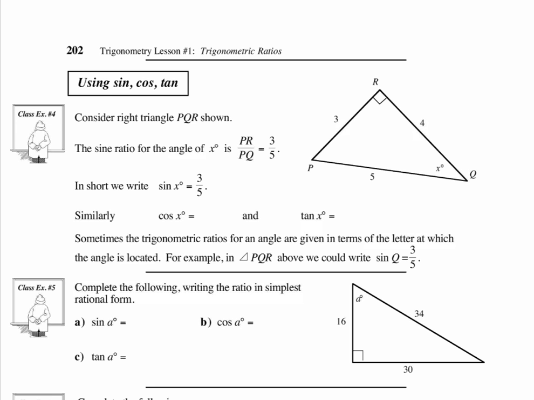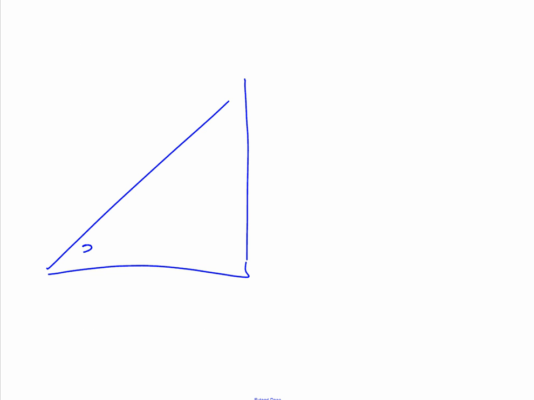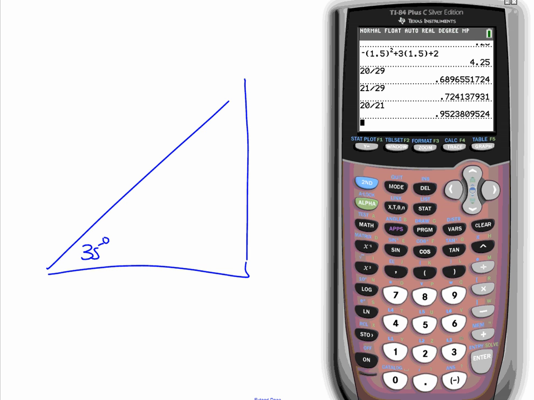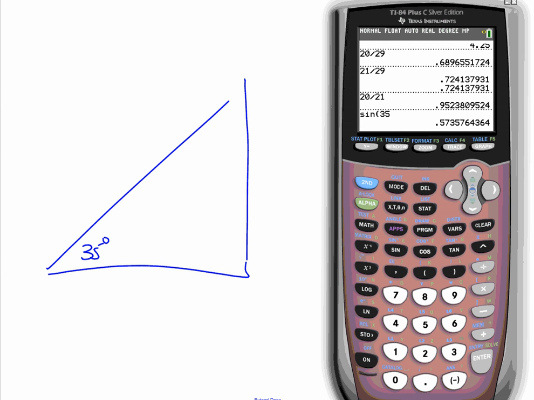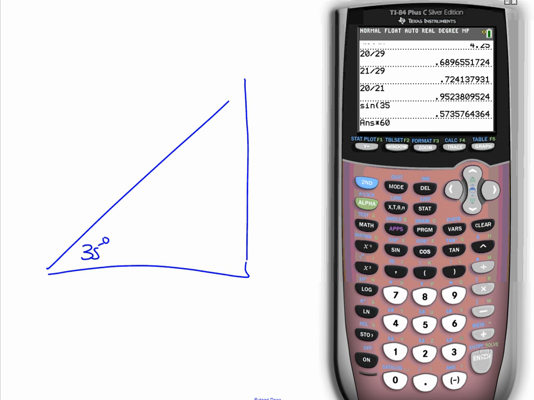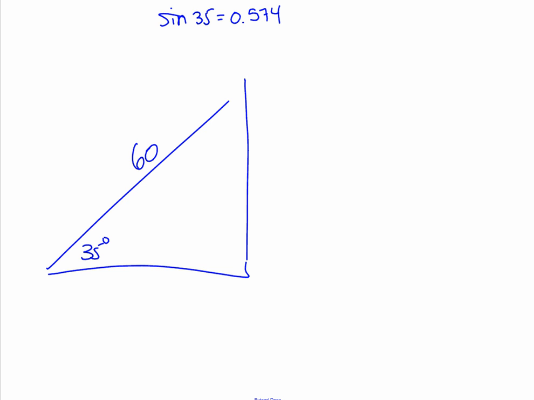Because every single triangle that has that same angle, right triangle, that same angle, is going to have the same ratio of sides. So if I know, for example, that a 35-degree triangle, just say for funsies, okay, if I know that every 35-degree right triangle is going to give me a ratio of 0.574 approximately, as long as I know one part of that triangle, I can figure out the other side.